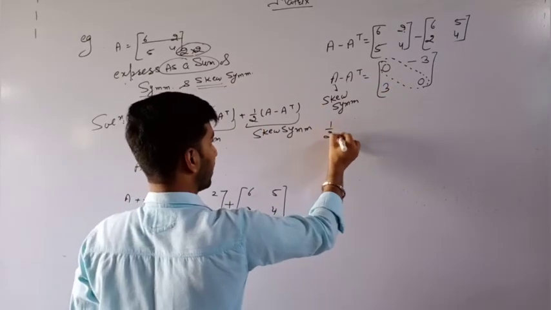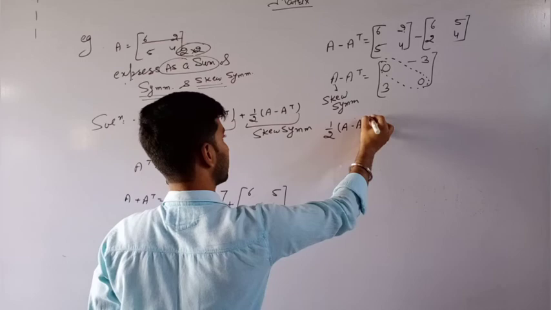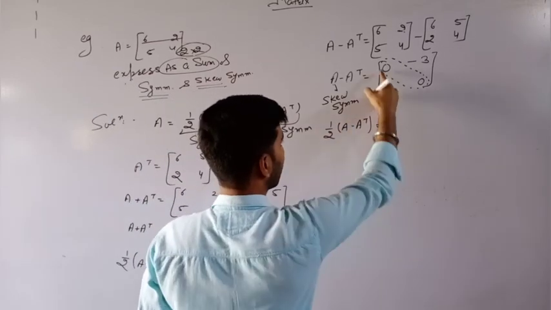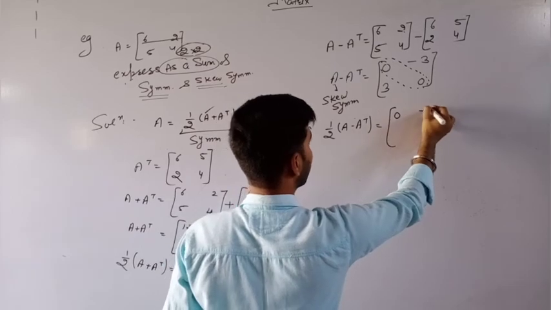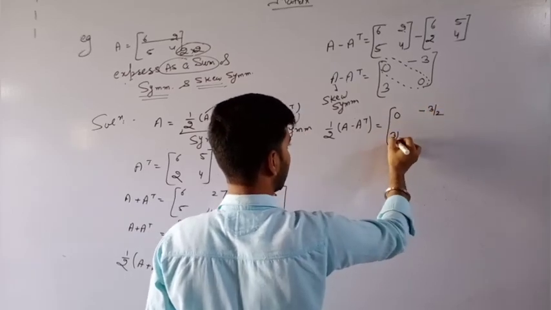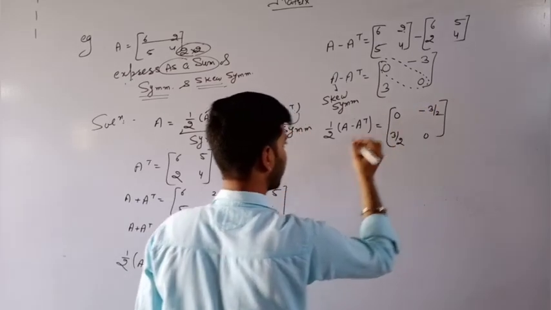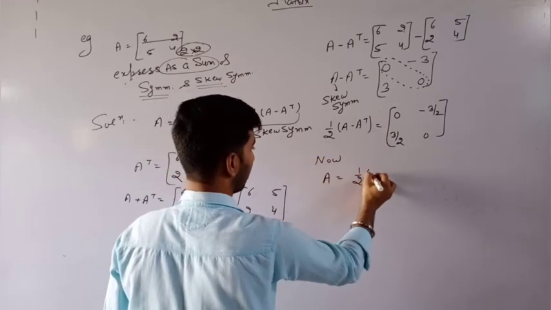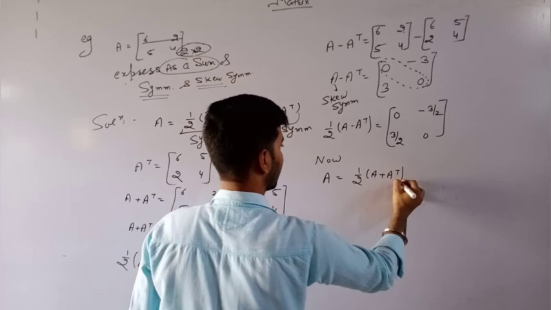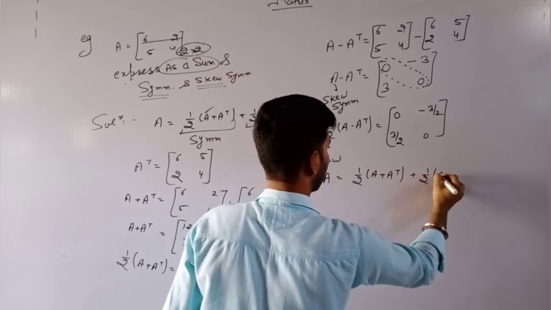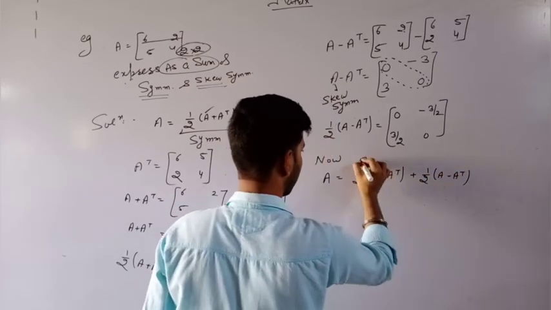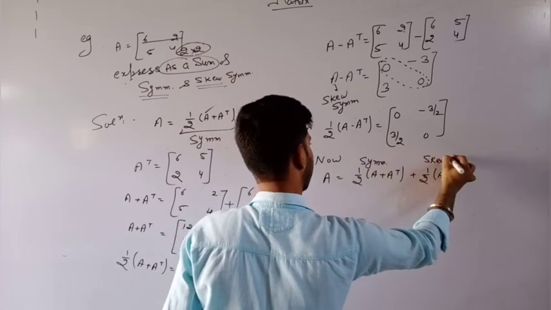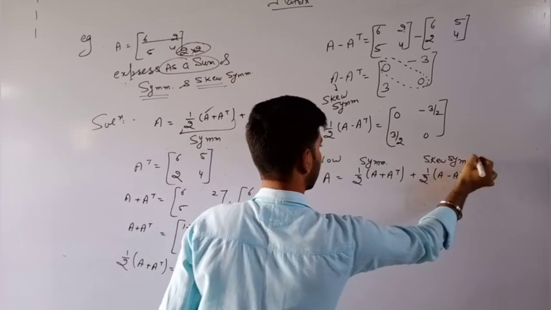Now we find half of A minus A transpose. A minus A transpose multiplied by half gives 0, minus 3 by 2, 3 by 2, 0. Now A is equal to half (A plus A transpose) plus half (A minus A transpose). Here the first is symmetric and the second is skew symmetric.